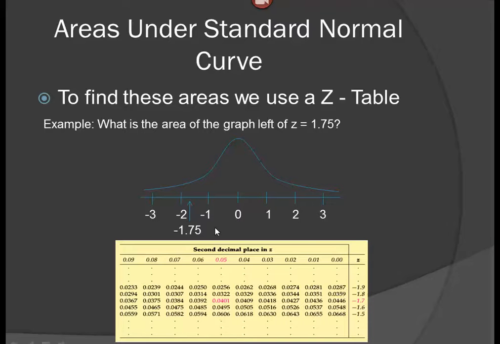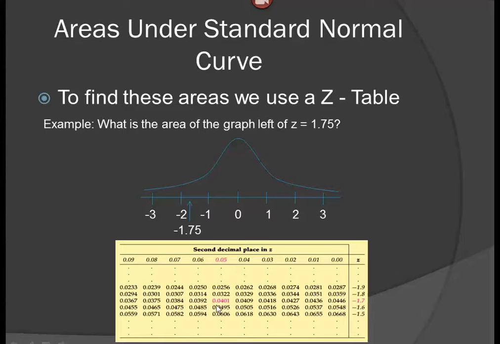So in this case, since we want negative 1.75, I'm going to go down to negative 1.7. And then because I also have a 5 here in the hundredths place, this is where we go across the top here. The top numbers tell you the hundredths place of your z-score. So we have a negative 1.7 and then 5 in the hundredths spot. So we find the intersection of that row and that column.